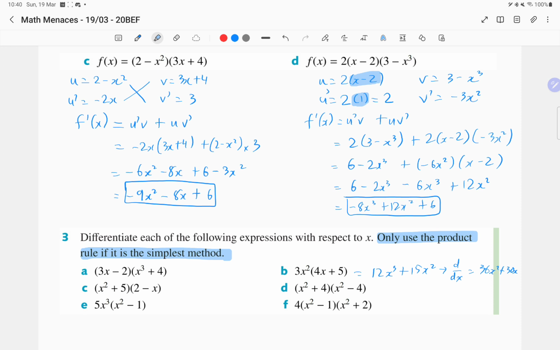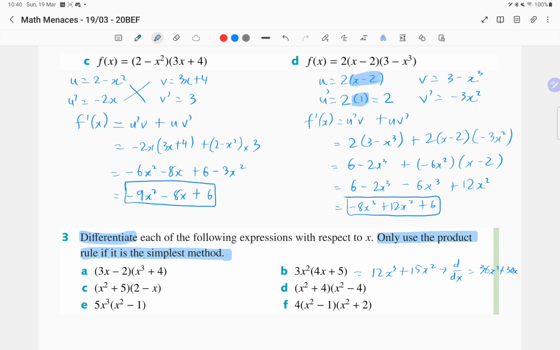So what does just expanding the brackets do? You just turn them into terms, not a product of two functions. And you just derive each term one by one. And what would you do with these terms? Derive them.